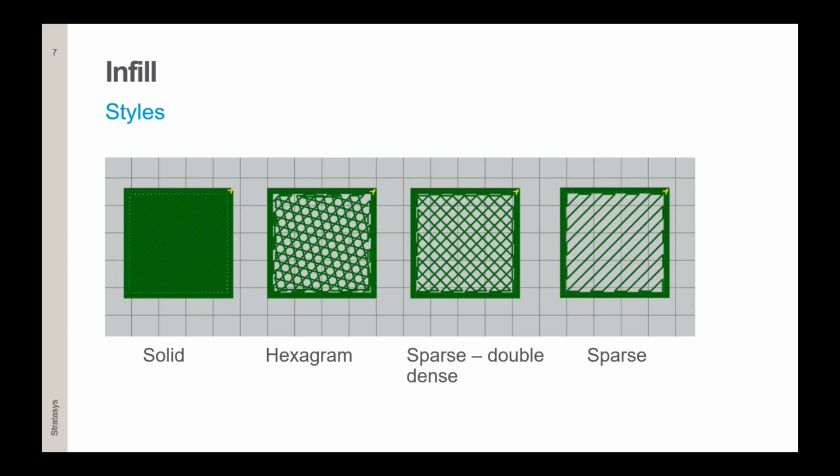It also uses the least amount of material, and when strength is not a primary concern, and models are needed just for sizing, brainstorming, or looking at the outside shell, you can use sparse infill.